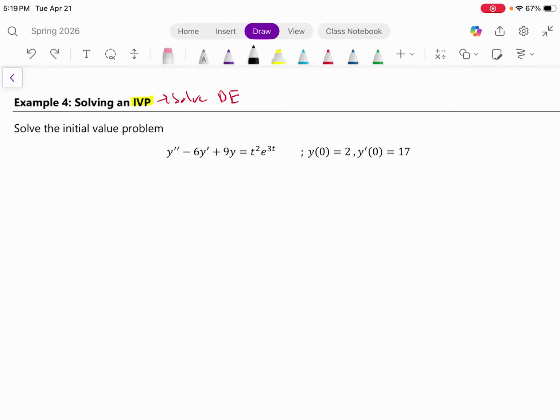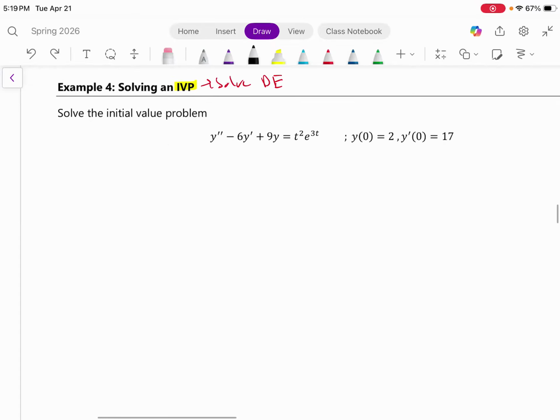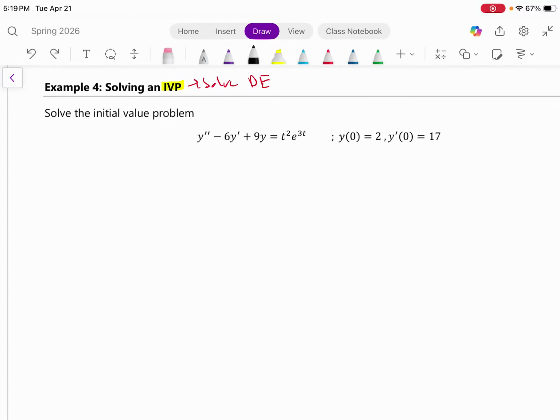Like we typically do for solving an initial value problem, which we learned in section 7.2, the first thing we want to do is Laplace transform this entire differential equation. So step one, we're going to Laplace transform.